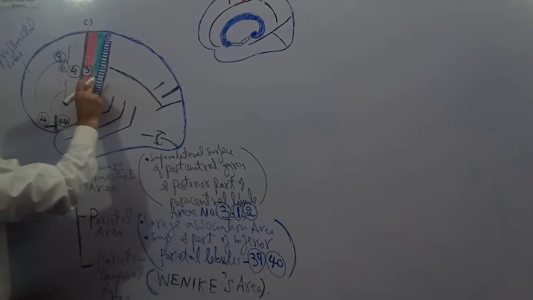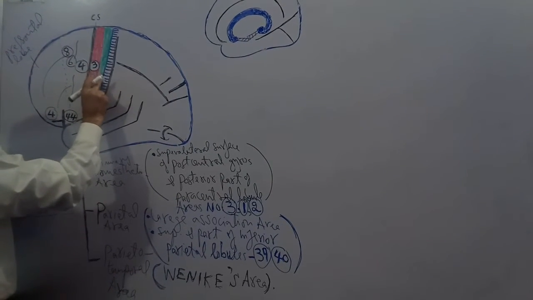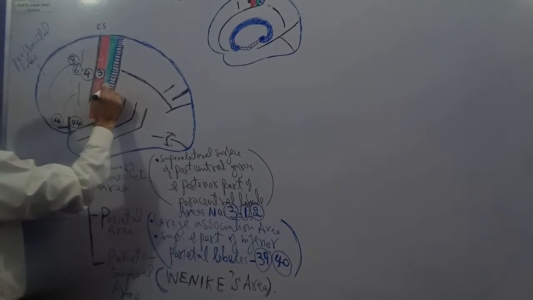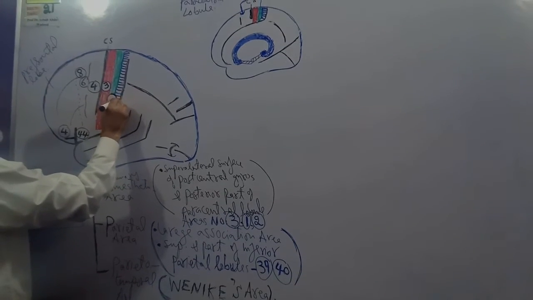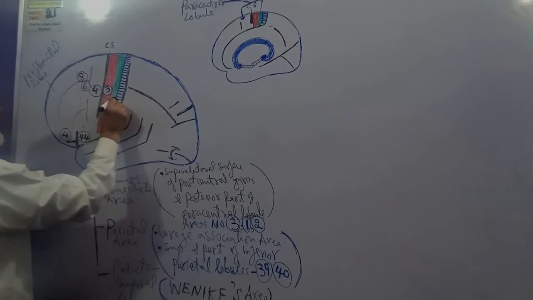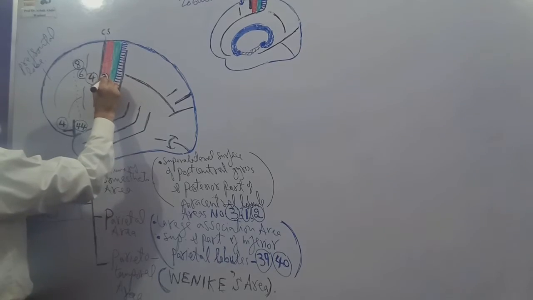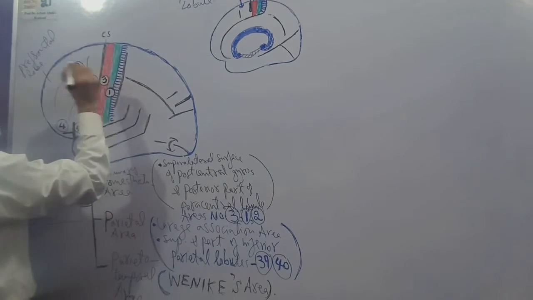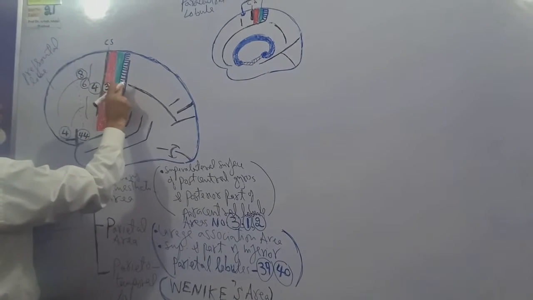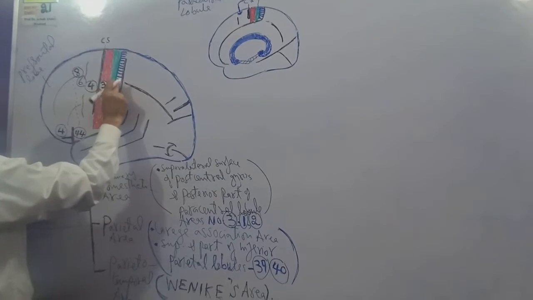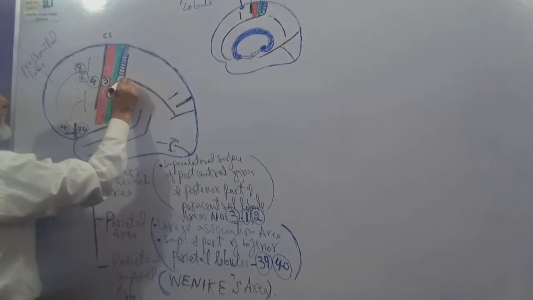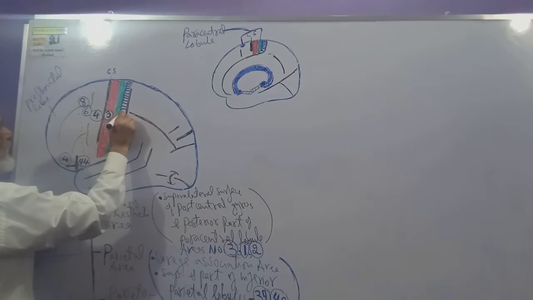The middle is Brodmann cortical area number 1. And the posterior part is Brodmann cortical area number 2.